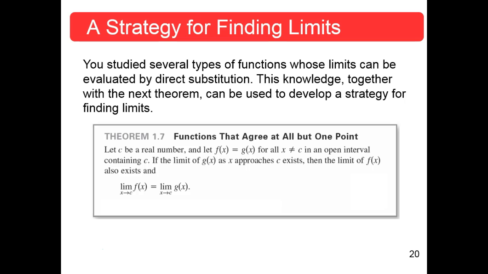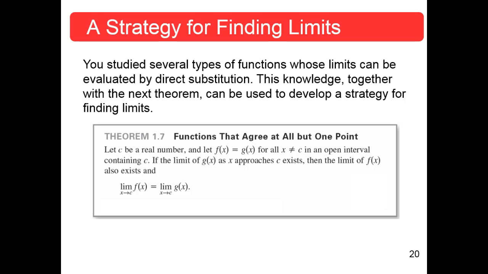So f and g are equal to each other for all values except possibly x equals c. We don't know about it there, but for all other values it is. So they're the same functions except possibly at x equals c.